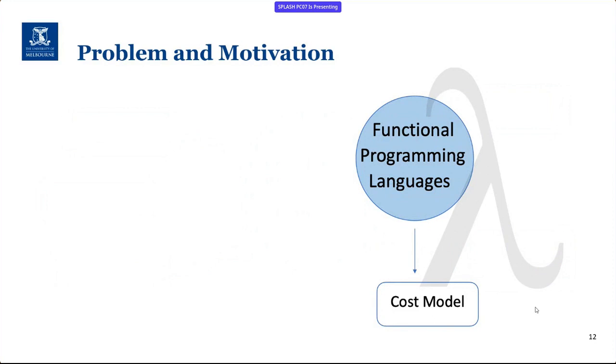And how are we going to get cost models for functional programming languages? As I talked about before in my elevator pitch, if we need to write a cost model for each different programming language from scratch, it will be kind of annoying because you will have some repetitive work.